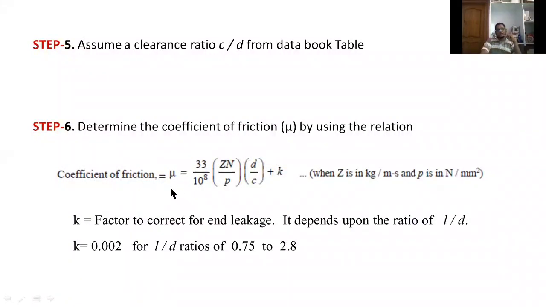The formula for the coefficient of friction for general bearings is mu equal to 33 by 10 power 8 into Zn by P into D by C plus K. This is the formula for the coefficient of friction.